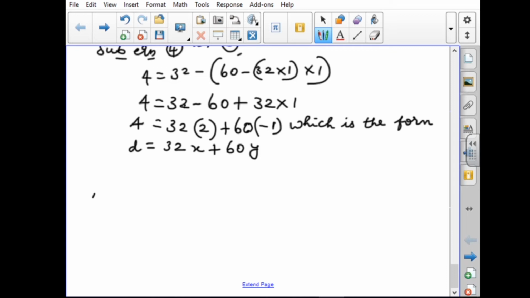Now we compare these two. D equals 4; at the x place the number is 2, and at the y place the number is minus 1. Therefore, x equals 2 and y equals minus 1. That's all.